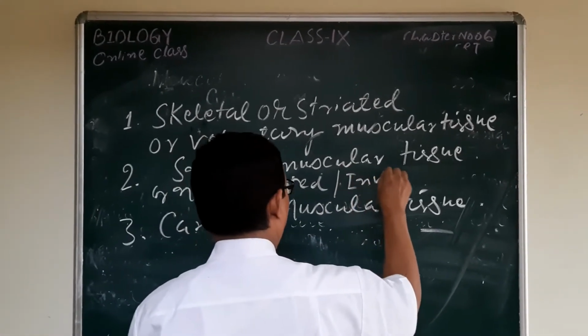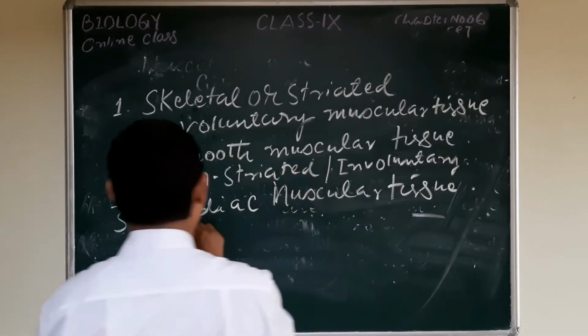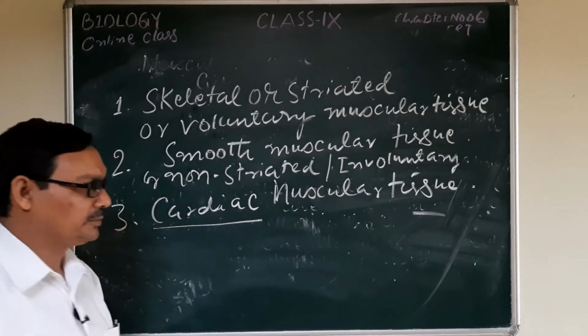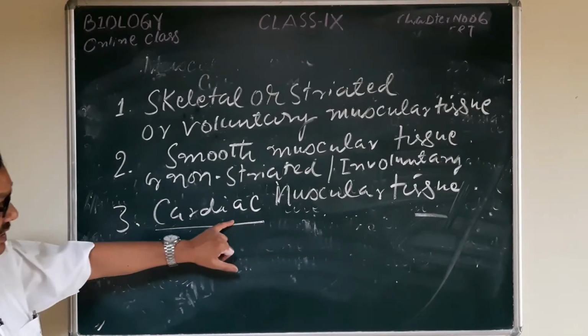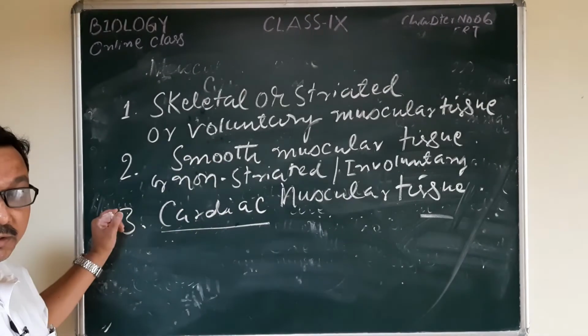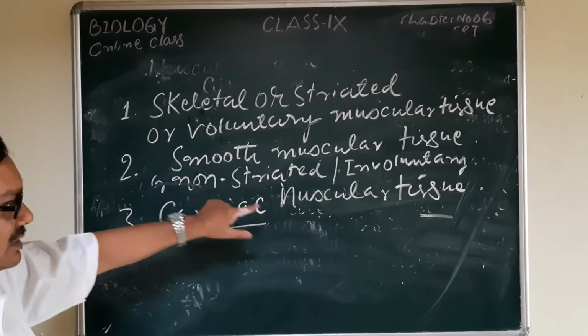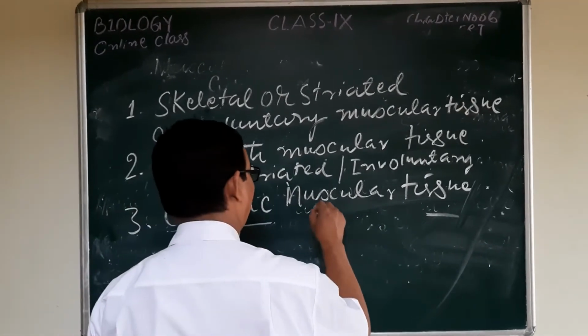The third tissue, cardiac, is a special tissue that makes the heart, and that is why it is known as cardiac muscular tissue. It is also involuntary.